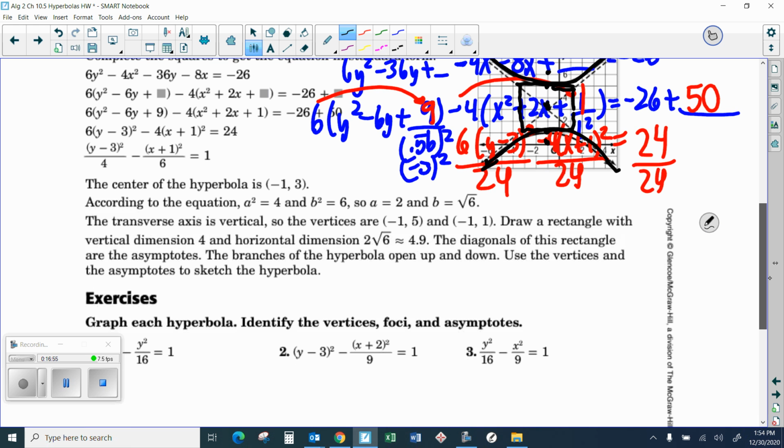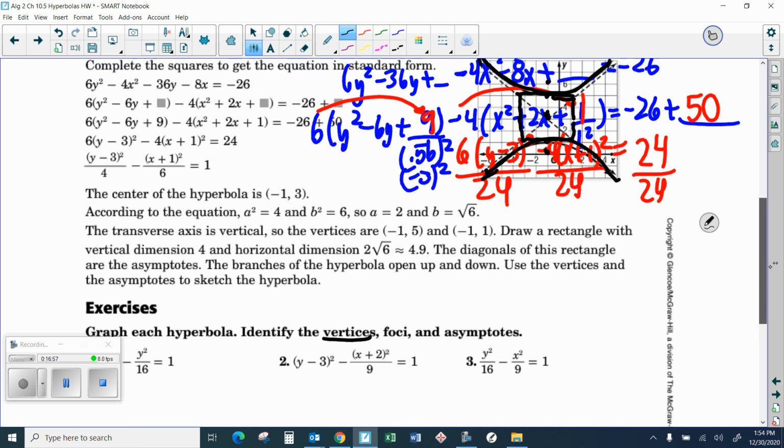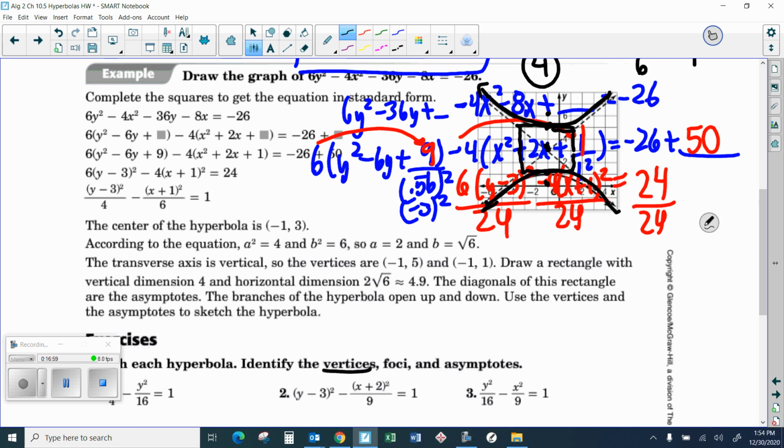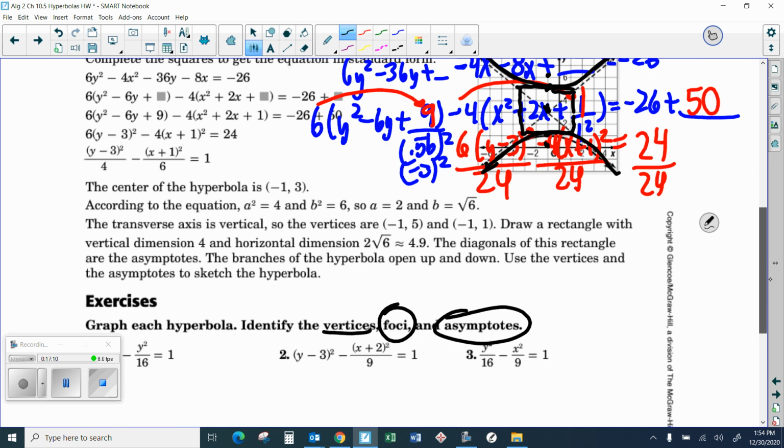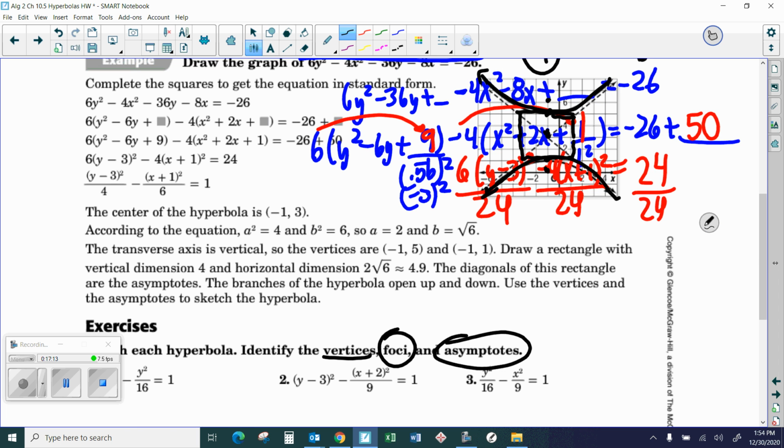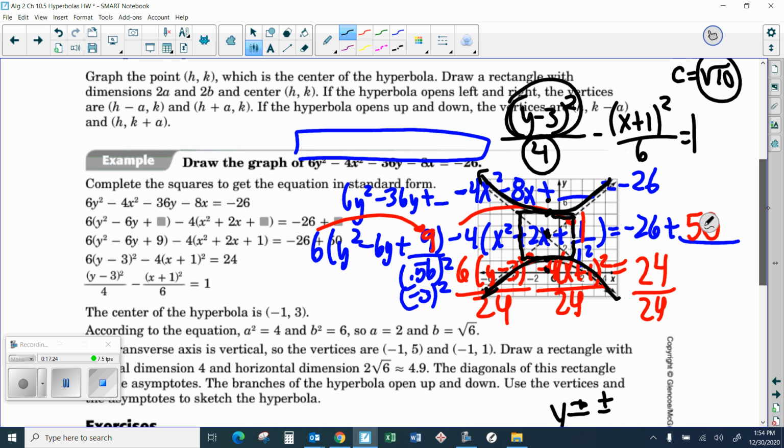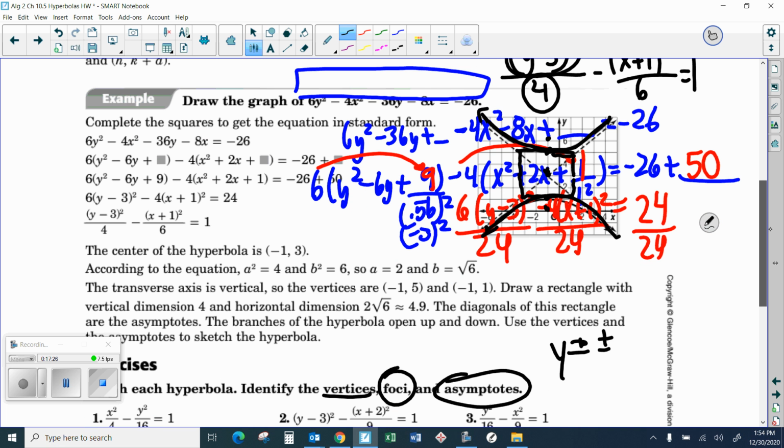Identify the vertices, only the two that contain the branches. The foci, we just showed you how to do that, and the asymptotes. So remember, you're going to just do it with this first one up here. y equals plus or minus the change in y over the change in x. Underneath y was 4, square root of 4 is 2.